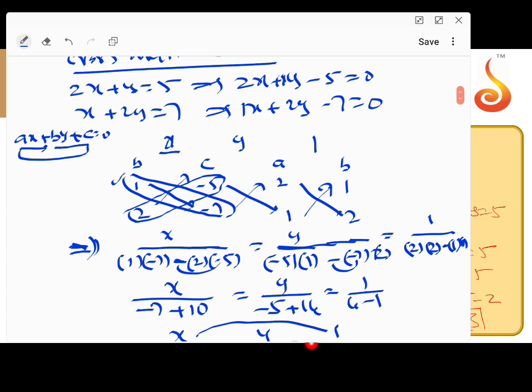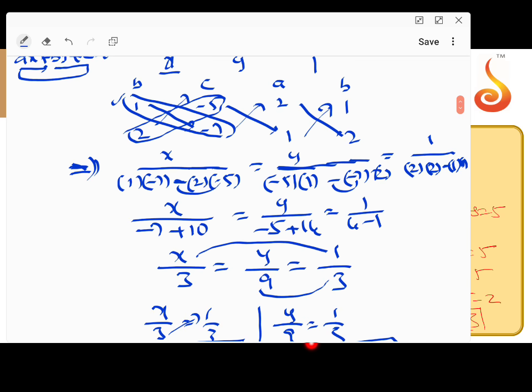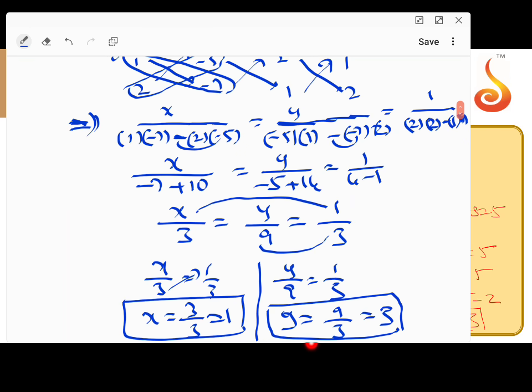Same thing, y by and constant by. So once you simplify it, we will get automatically x by 3 equal to y by 9 equal to 1 by 3. So when you want x value, you can equate first and last. When you want y value, equate second and last. And then solve for x and y. That is the method of solving equations by using the cross multiplication method.